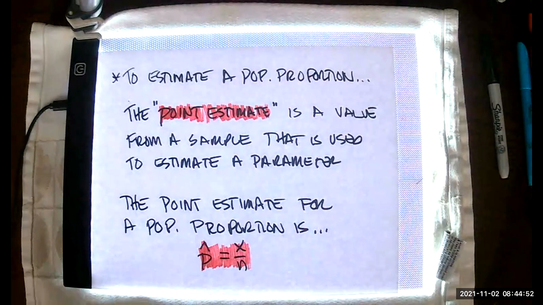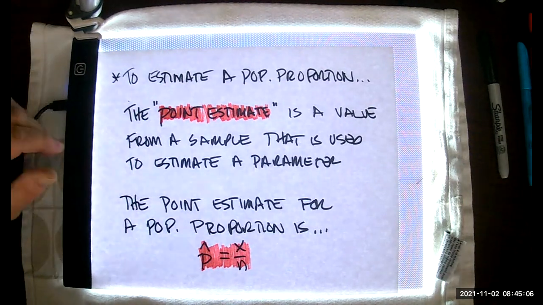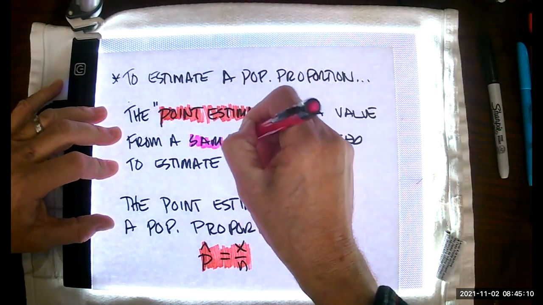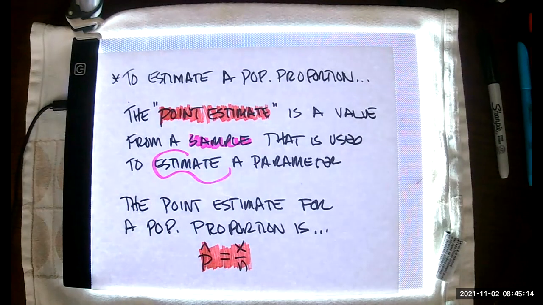And let me talk about some vocabulary. So if we wish to estimate a population proportion, I've got to define some very basic terms. First, the point estimate. This is a value from a sample that is used to estimate a parameter. So it's important to realize that it comes to us from our sample and it's used to estimate our parameter.